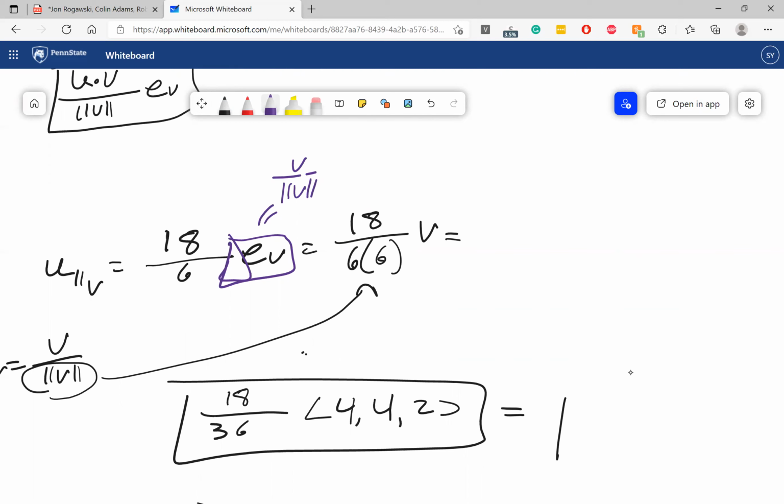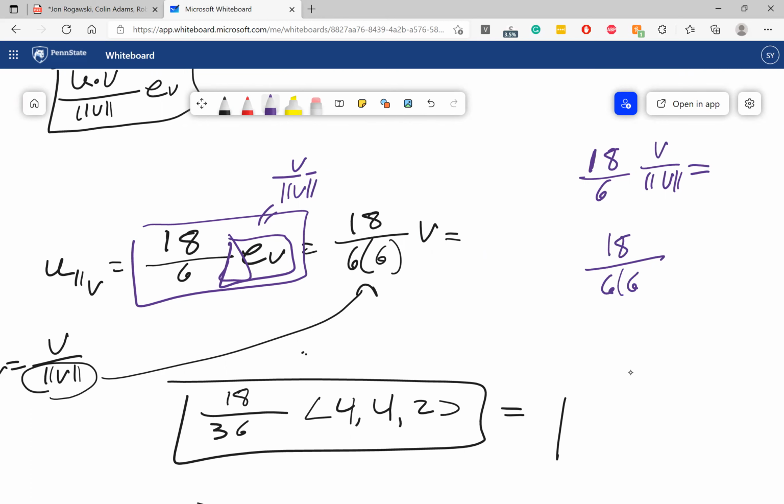Yeah. So this is 18 over 6 times V over the magnitude of V. That's what this thing is over here. The EV is V over the magnitude of V. We know that the magnitude of V is 6. So this is going to be 18 divided by 6 times 6 times V, and that's what you get here. Any other questions? So what did you get here?